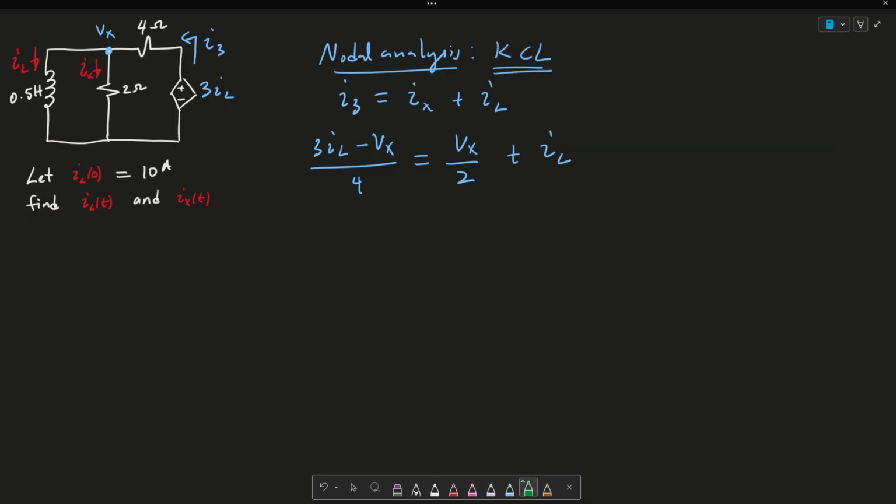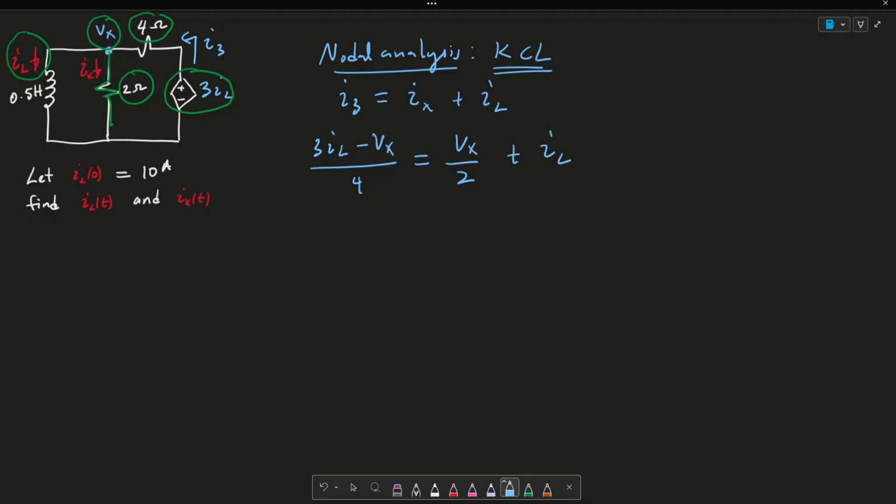And to be explicit, I'm saying that I3 is this voltage minus this voltage divided by this resistance. Ix is going to be the voltage across this resistor divided by this resistor. And the current across the inductor, again, is just iL.